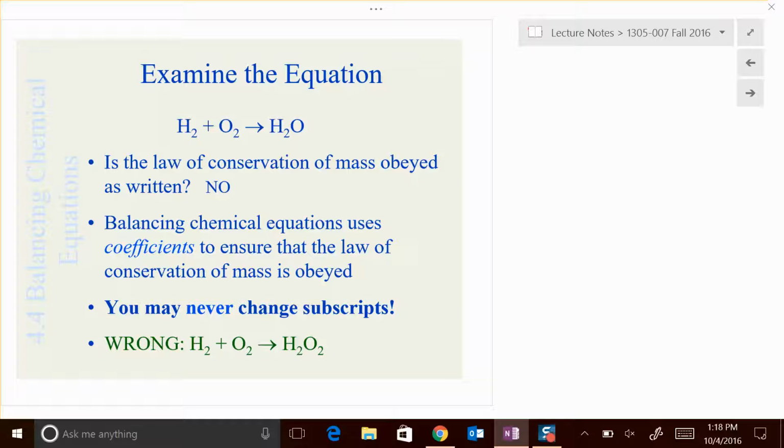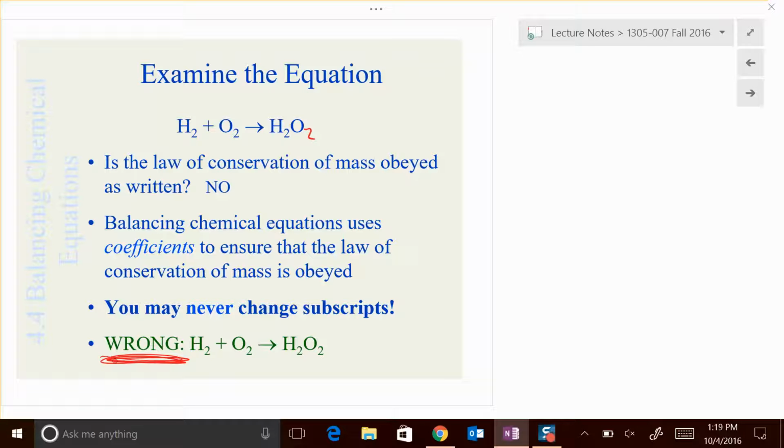So it would be so easy to balance this equation simply by doing that: H2 plus O2 produces H2O2. Okay? Why is that wrong?